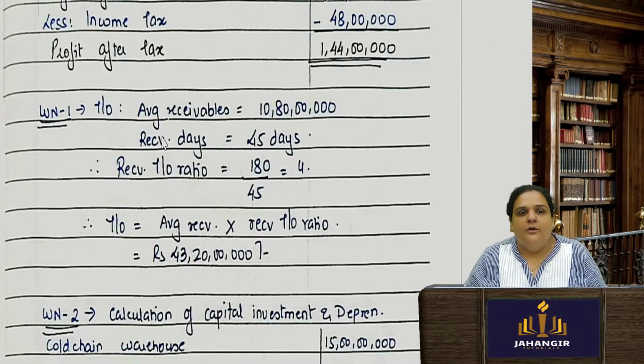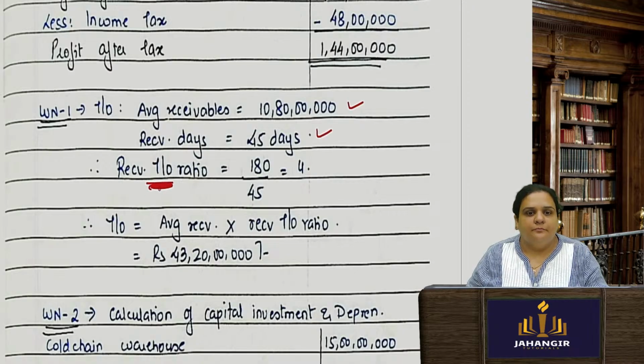That means your average receivables is given, receivable days is given. What is your receivables turnover ratio? 180 divided by 45 turnover. In how many days times are you turning over your receivables? 4 times.